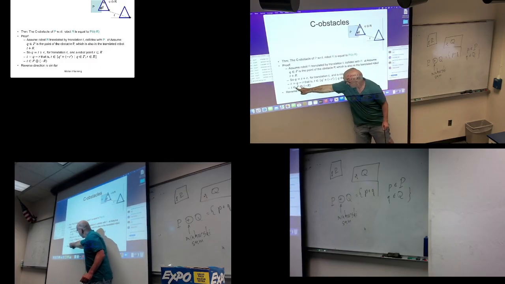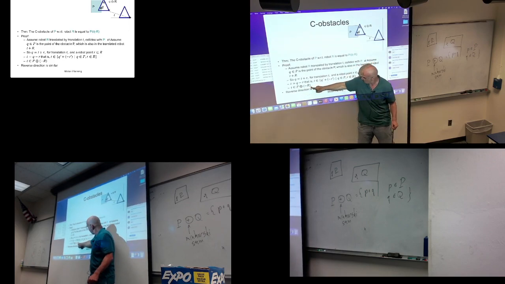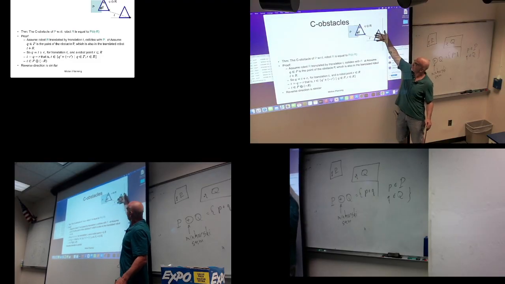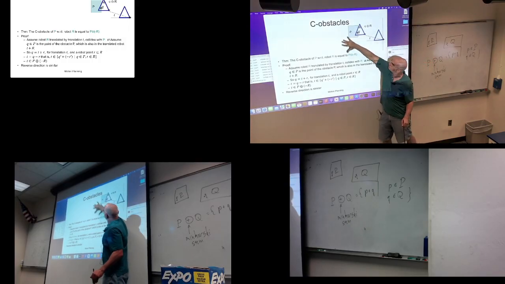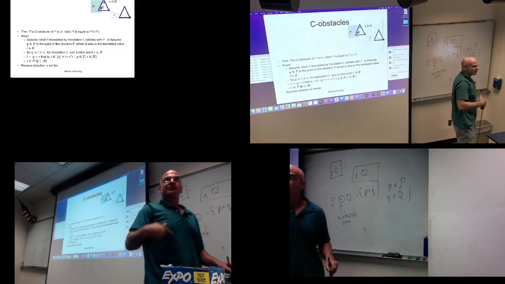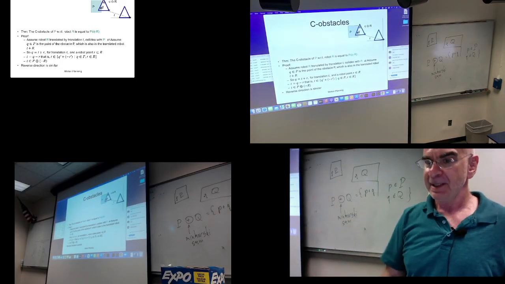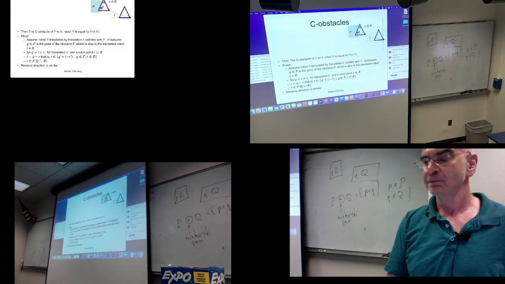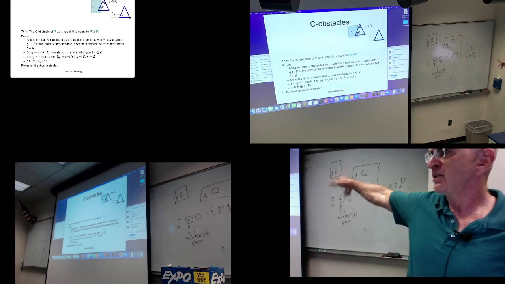So T belongs to P Minkowski sum with minus R. So to compute what is the forbidden region, I need to take this triangle, flip it this way, and shift it around. That's all the translations that are forbidden. Everything outside this region is allowed. Do you all agree? There is no smartness here.